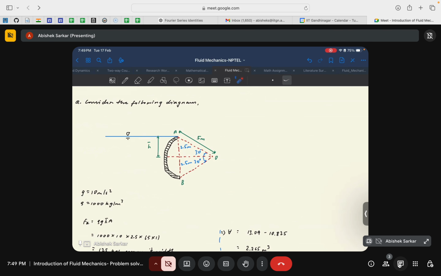But let's just try to look into the solution. Okay. And I know that given enough time, it would have been easily solved by everyone, but still let us look into it.